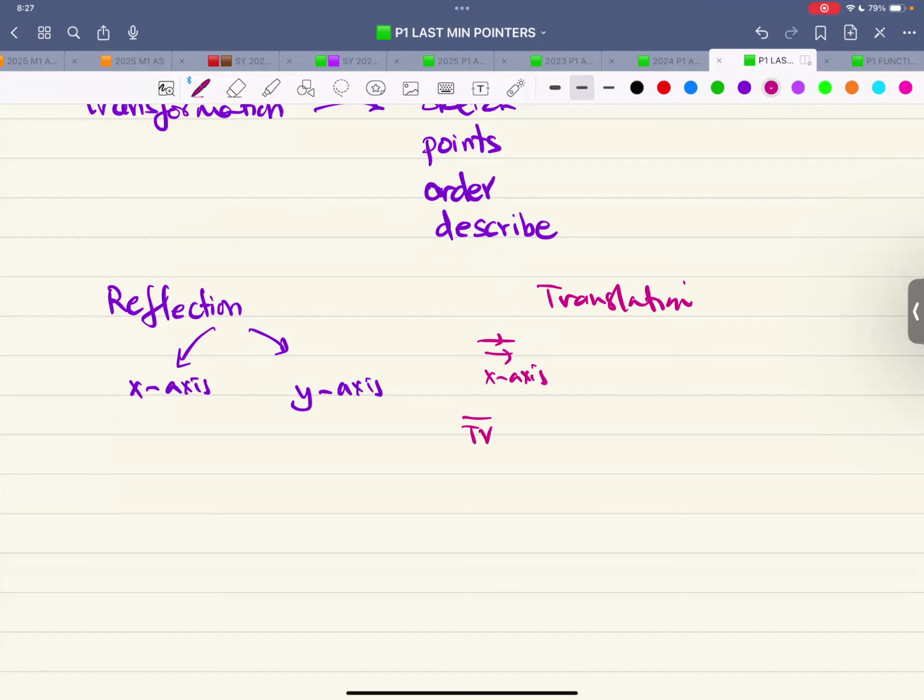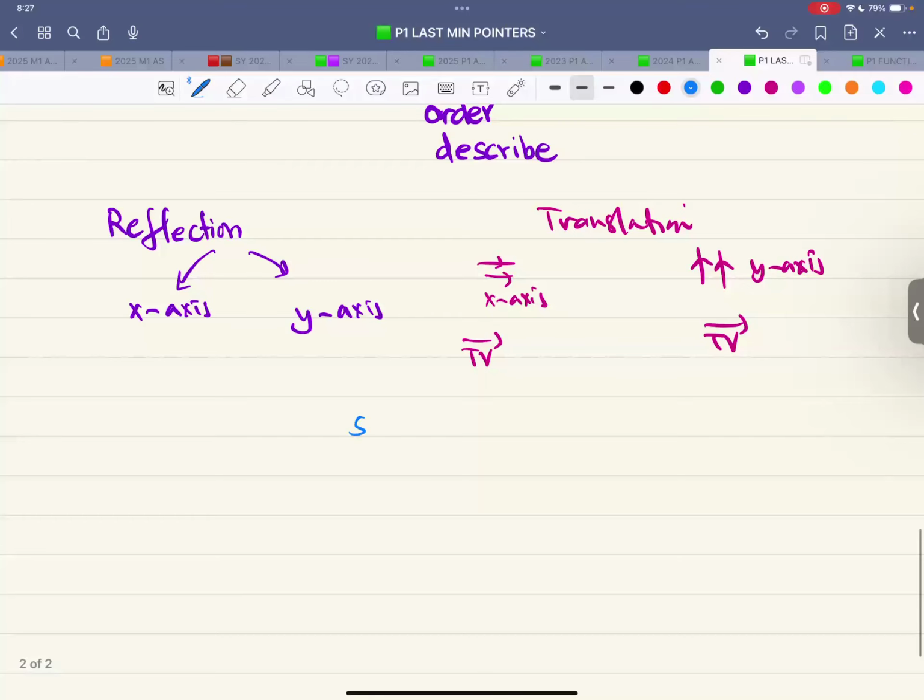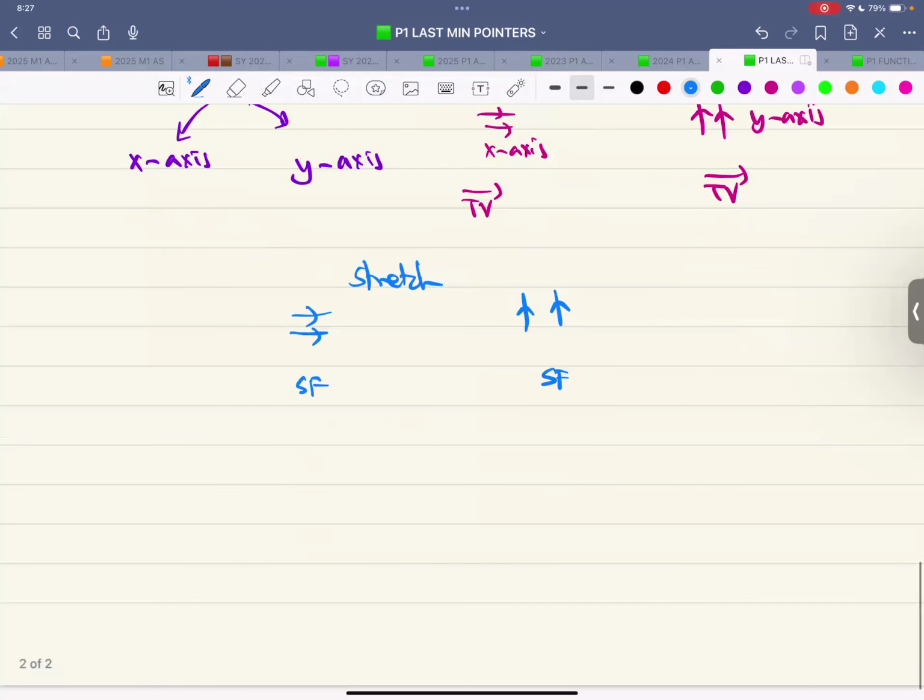Parallel to the y-axis, and then we have to give the translation vector. If it's a stretch, again parallel to the x-axis or parallel to the y-axis, then you have to write the scale factor.